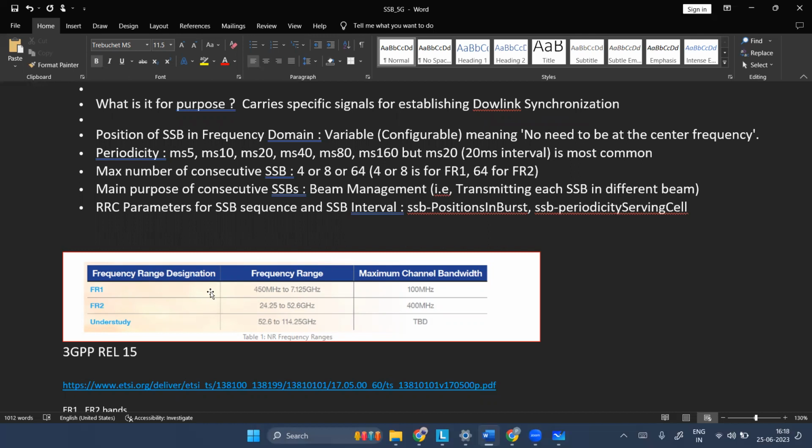Somewhere on websites you might hear sub 6 also, right? It has been revised, and the maximum channel bandwidth is 100 megahertz. In LTE, if you remember, just paste in the comments what was the maximum bandwidth in LTE. That's the question for you. FR2 is nothing but your millimeter waves, and this FR2 range is from 24.25 to 52.6 gigahertz, right?